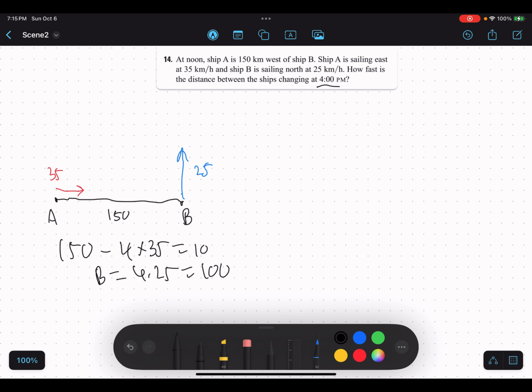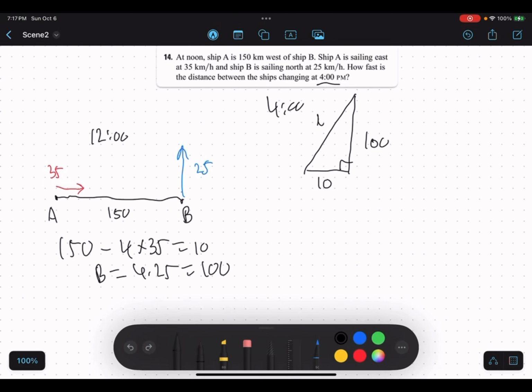Okay, so let's draw another diagram to represent what's happening. This is what's happening at 4 o'clock, and let's define this length as L. So what we know is always constant in this question is the time, 4 hours, and we want to find the change in L. So let's find what's the length of L at this time.